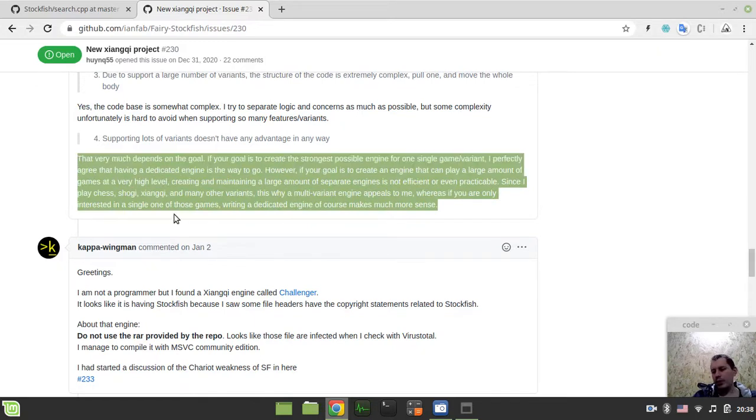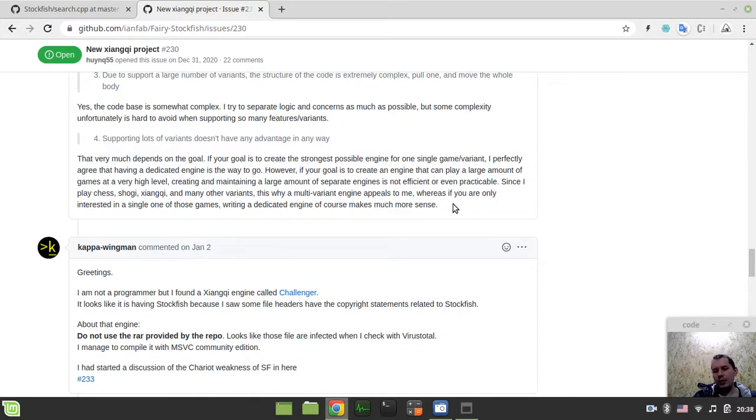So, literally, how I understand this answer is that there are no possibilities for cooperation between Xiangqi Stockfish and this chameleon chess engine, because the goals are totally different.